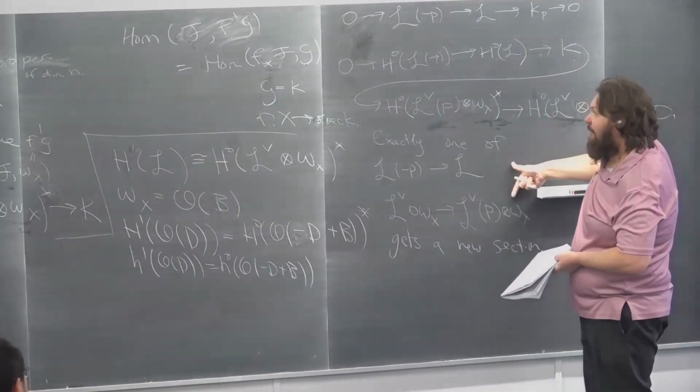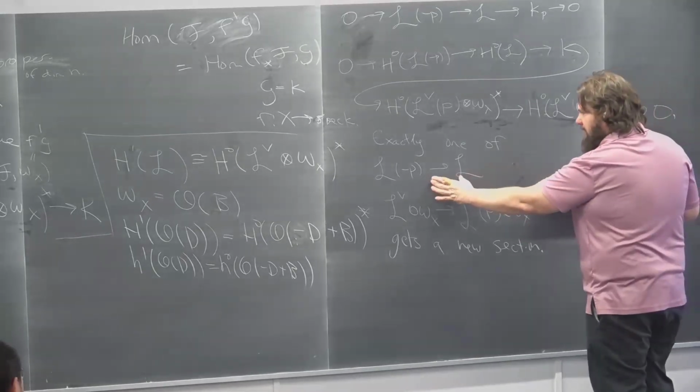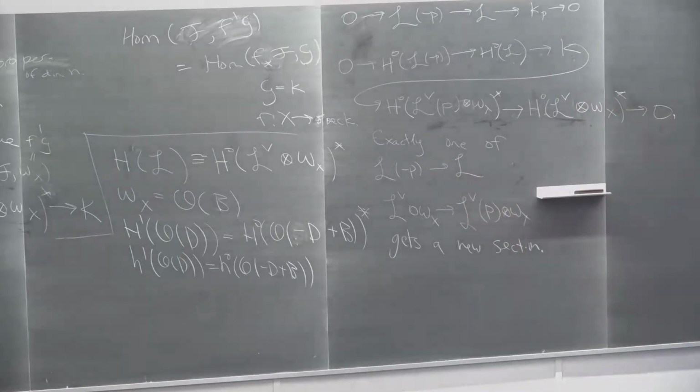That's saying that exactly one of these things changes. So if one of them can't change, the other one has to, and vice versa. Now you might say, is that really that helpful? Remember, we're trying to figure out when this changes because it's going to help us figure out when L is globally generated and when L is very ample.